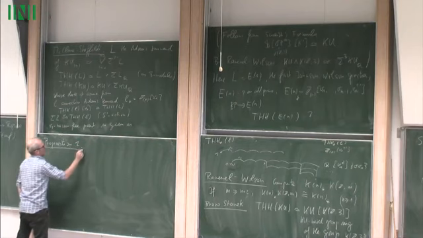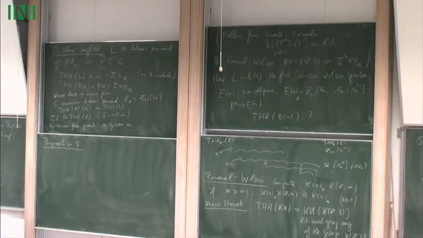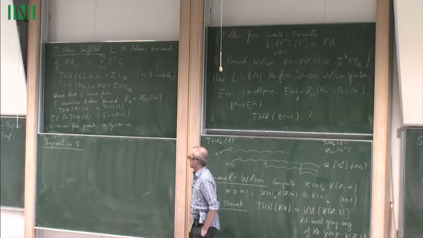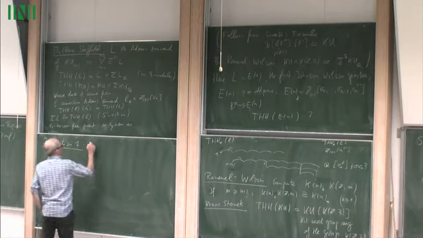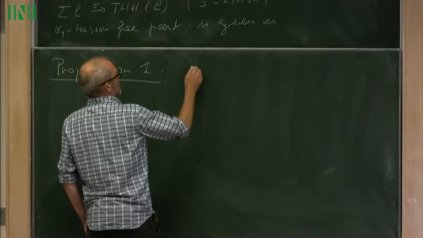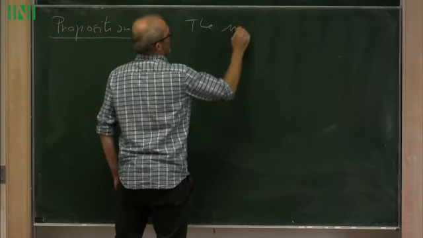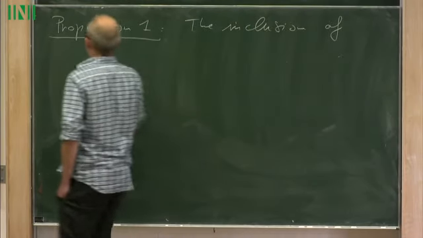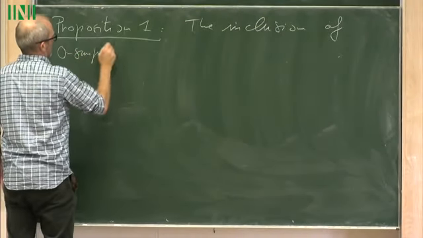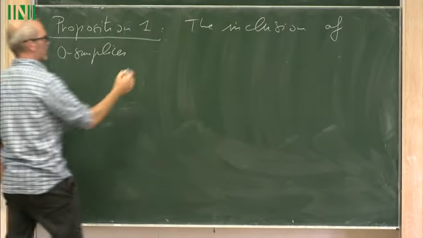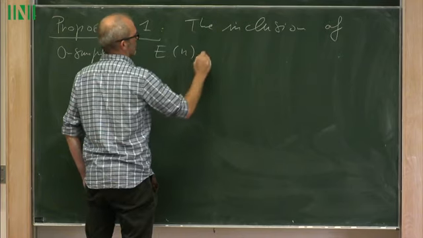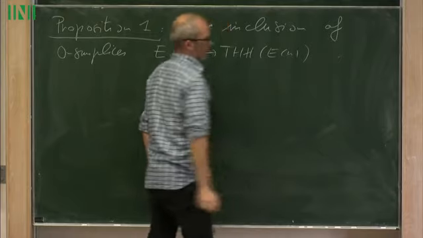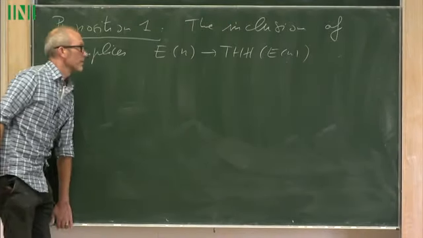And the first proposition that we had, that is in some sense maybe implicit in McClure-Staffeldt, who did it for n equal 1, I didn't state it further, but it's quite close to what they do, is that the inclusion of zero simplices, or the unit map if you want, is a K(n)-isomorphism.